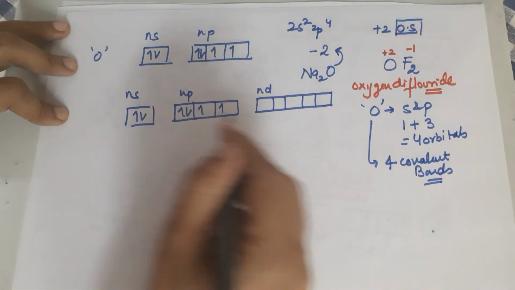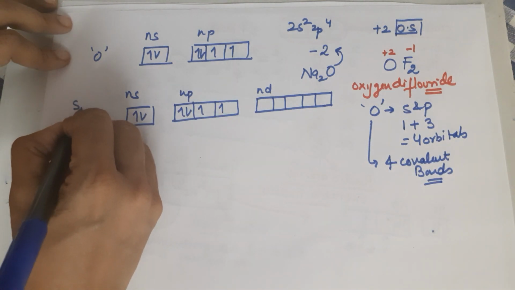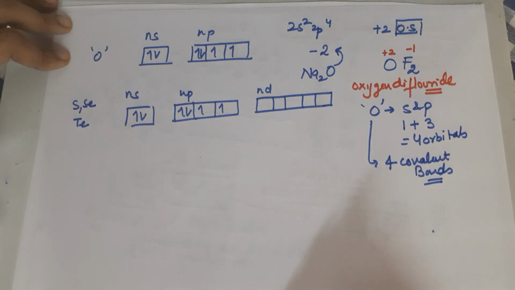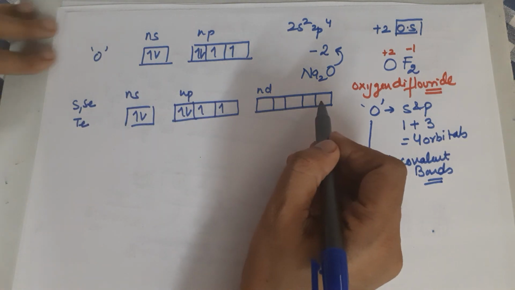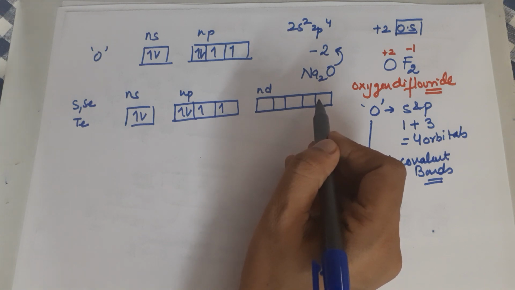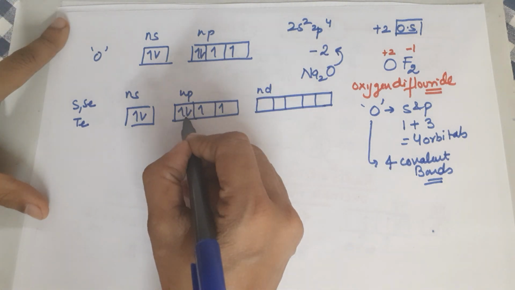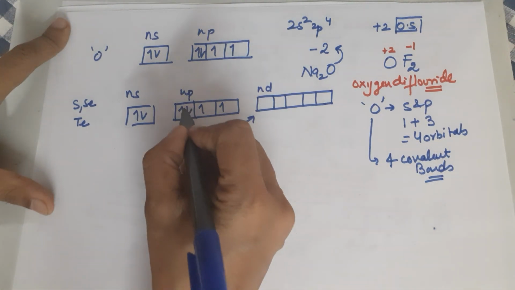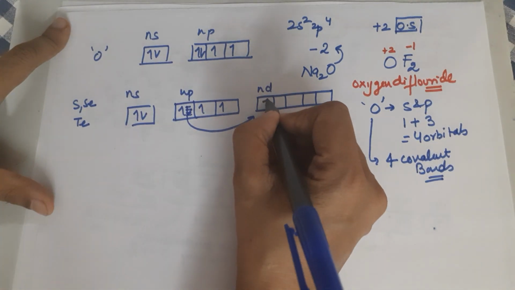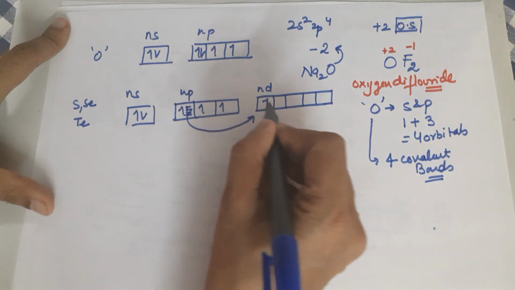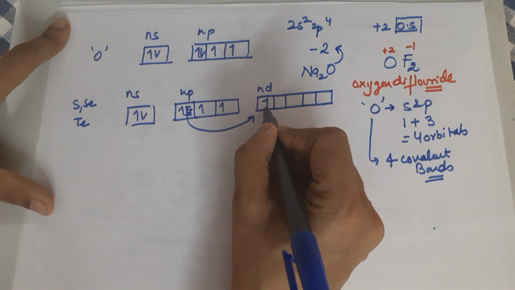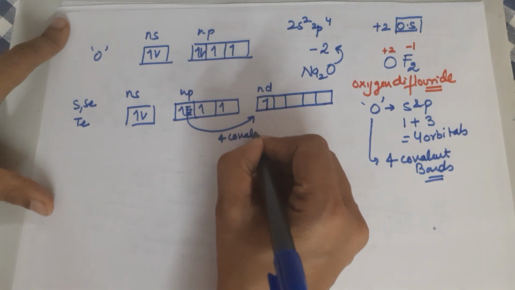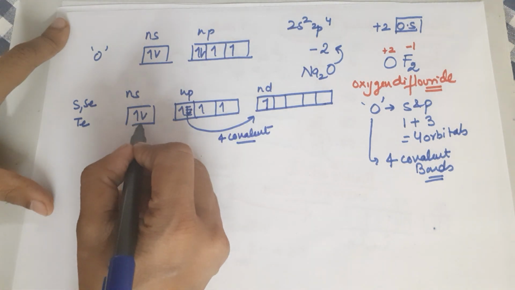Whereas if you talk about the other members, sulfur, selenium or tellurium, I am not talking about polonium, they would have a d subshell vacant available to them, which means an electron can move there. If this happens, there are now 4 half-filled orbitals which can form 4 covalent bonds, plus you would also have one lone pair.